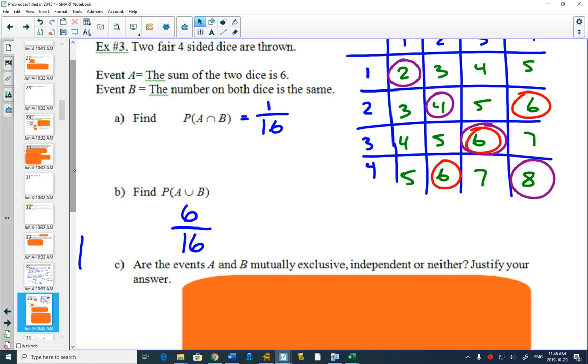If you rolled the situation 2 times, and the question was, what is the probability the sum was a 6 first, and then the second time that both dice were the same, that would be a different question than it just happening once. So in this case, when they just happen once, they're not independent events.